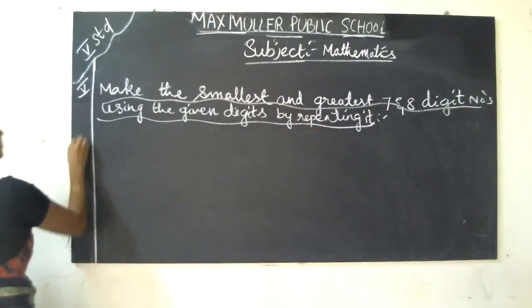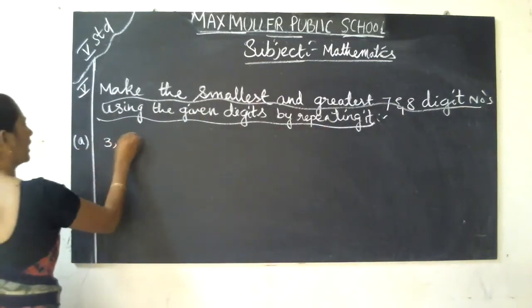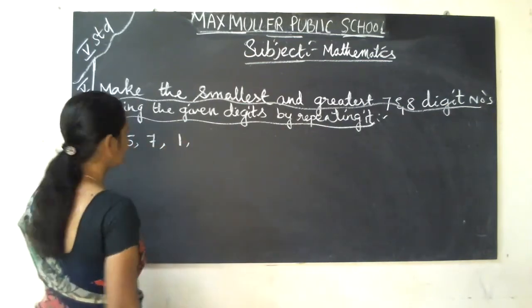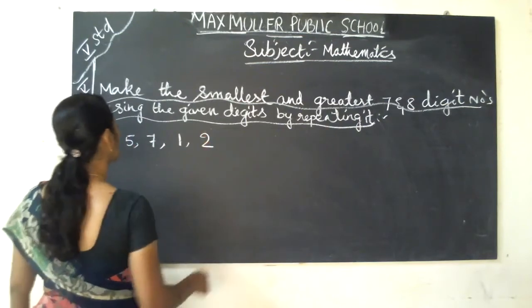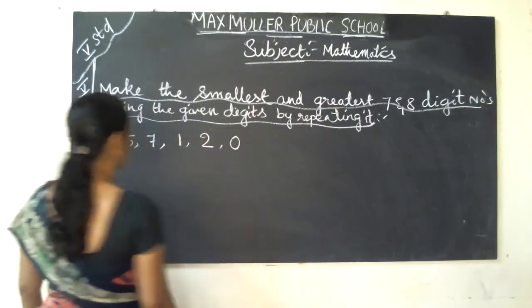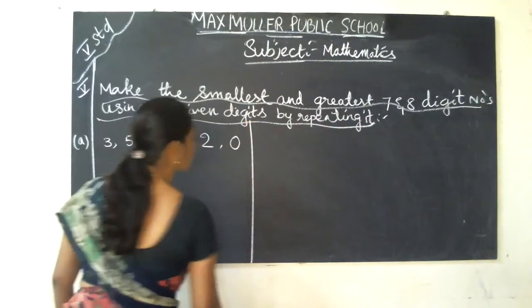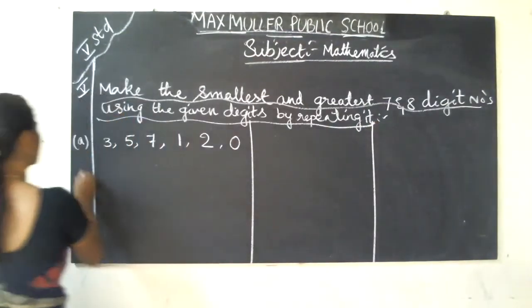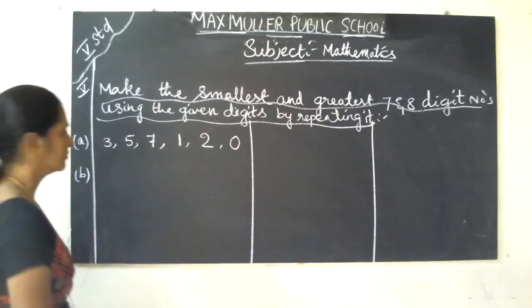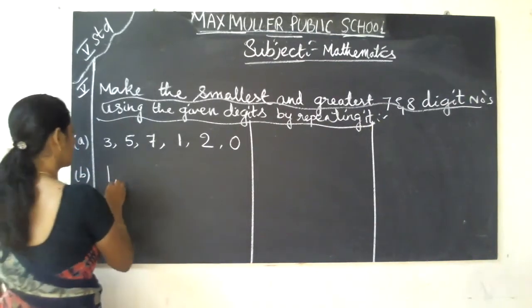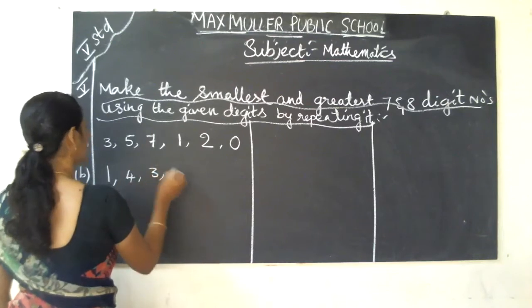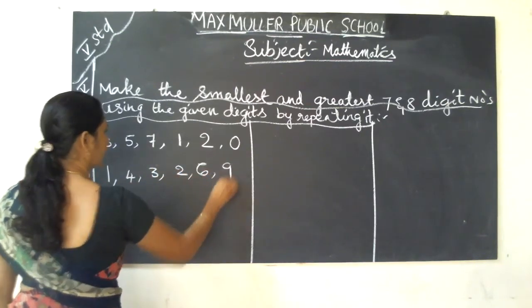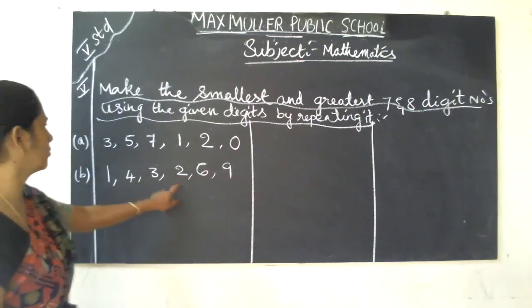Okay. Now 3, 5, 7, 1, 2, 0 are given. Then 1, 4, 3, 2, 6, 9. 1, 2, 3, 4, 5, 6.